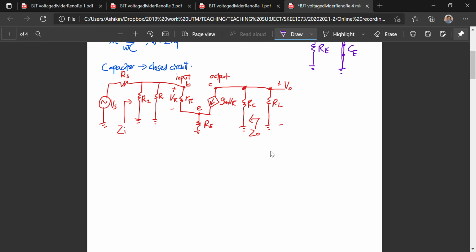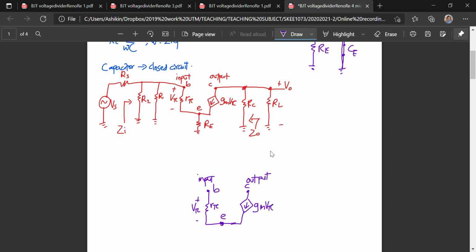Same input at the base, output at the collector. At the emitter, this is R pi, V pi, gm V pi.